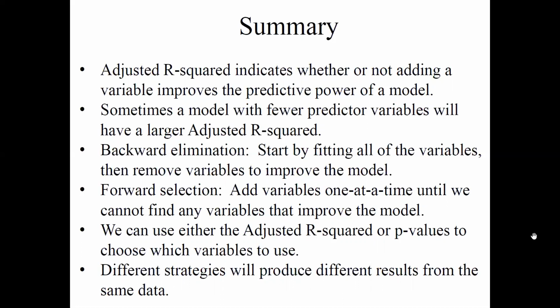And again, the big thing to emphasize here is that different people can get different results based on the strategy they employ. And that doesn't necessarily mean that one of them is wrong. We can get useful models that are slightly different in different ways. And so some knowledge, some thought, and some judgment call is necessary in this aspect of things.